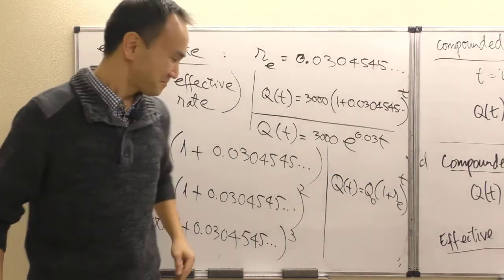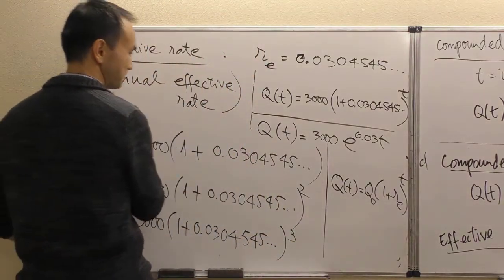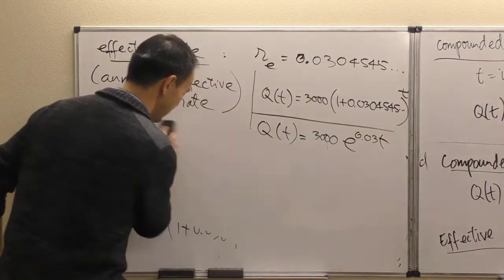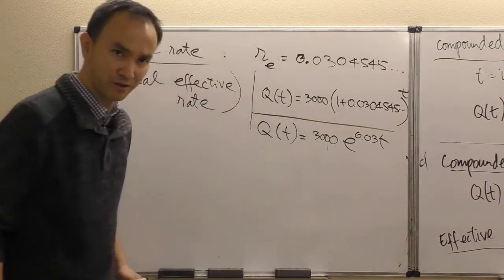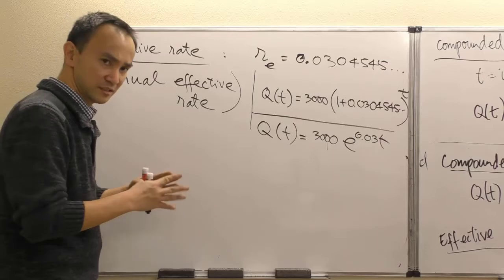All right. And so now in that way right here, we can come out with the following. And yes, we're still talking about continuous compounding. We're still talking about our money. Our money is continuously compounding.